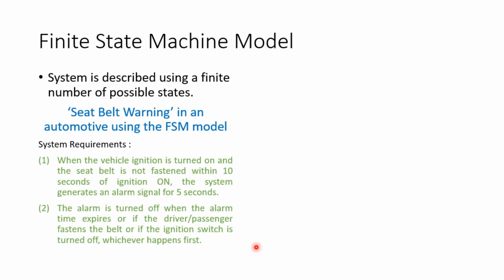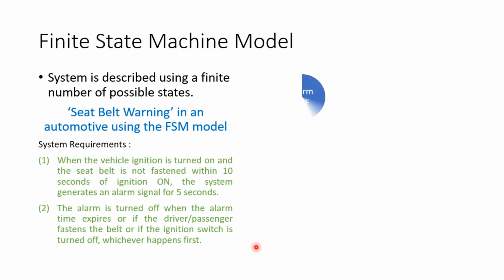As we already discussed, there are 4 things: states, events, actions and transitions. Alarm off is a state, and what would be the event? Event is a stimulus, right? It's a stimulus for state transition. So that stimulus is ignition on, so I should go to the next state. The next state should be the timer state, or I call it the waiting state, that 10 second waiting time. Then the third state would be the alarm on state.